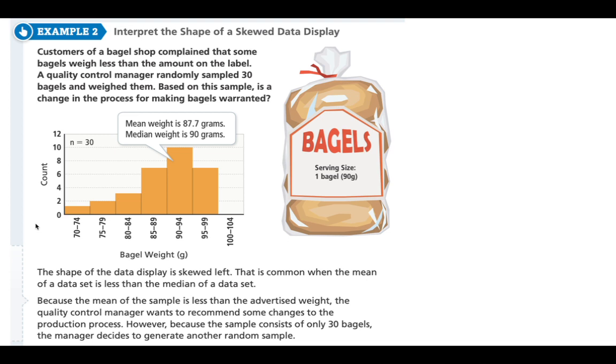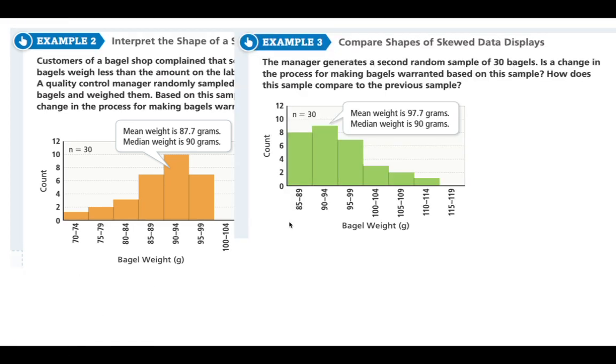The question is, would this warrant getting a new set of bagels? They're saying their bagels are 90 grams, and this is what they have shown. The quality control manager says, well, we only tested 30 bagels, so let's draw some more just to see if this same trend holds, if we need to adjust something about our manufacturing process, or if maybe something is wrong with our data. So they do another set.